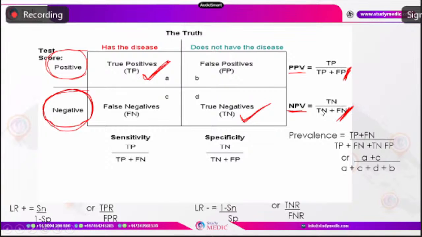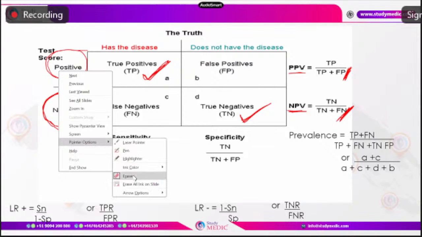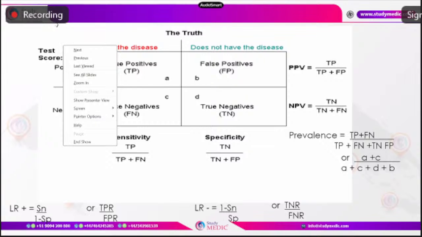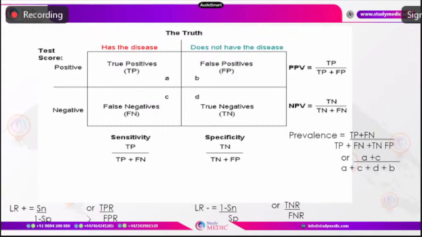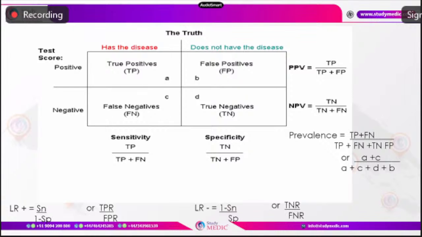Right. So what is the prevalence? Prevalence is those who have the disease compared to all.